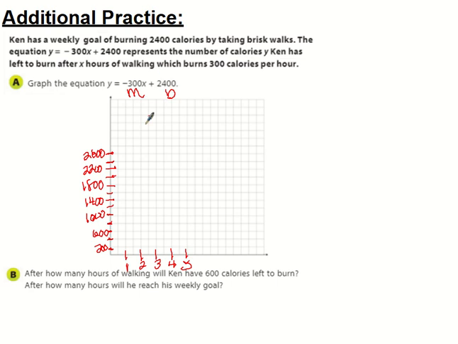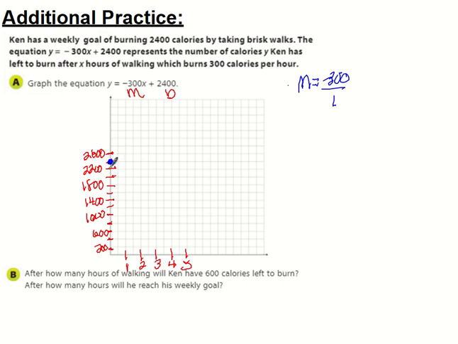All right, so y-intercept's 2,400. I'm going to use a different color so you guys can see it. So we're going to put it all the way up here at 2,400. So our slope is -300 for every 1 hour. So we did go by 200s, so we can try that, right?